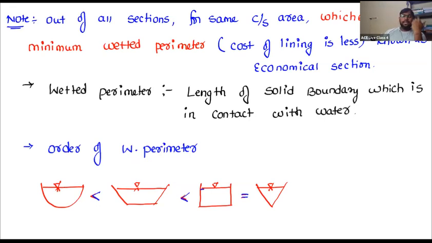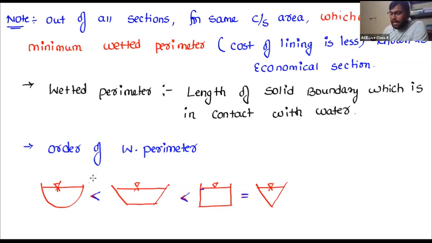So to provide such a curvature for the semicircle over so many kilometers is very difficult. Though it is economical, it is very difficult in the design aspect.